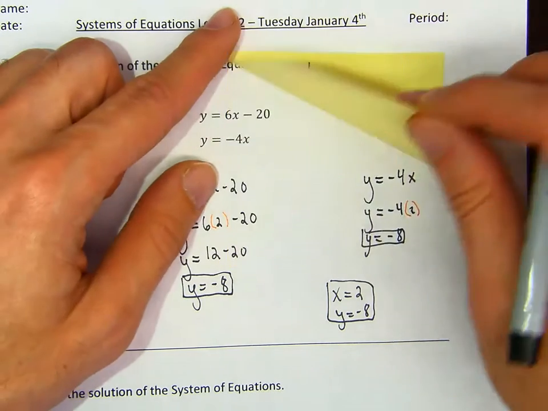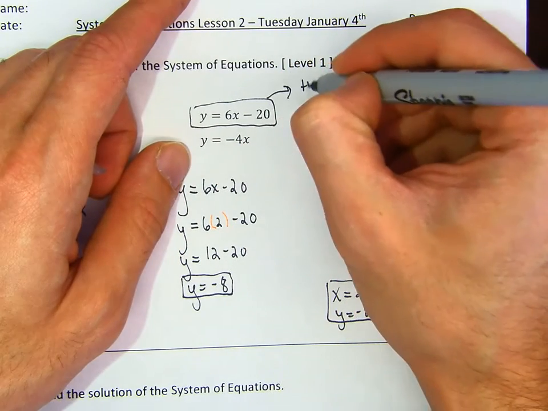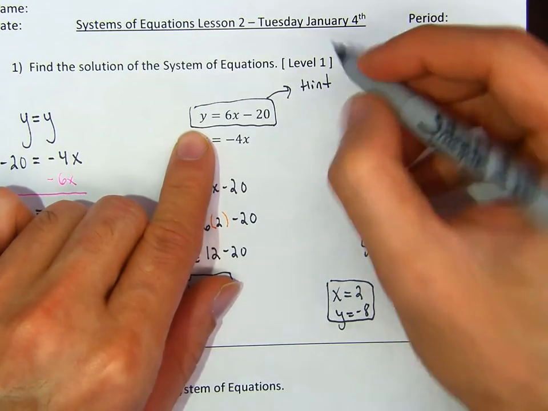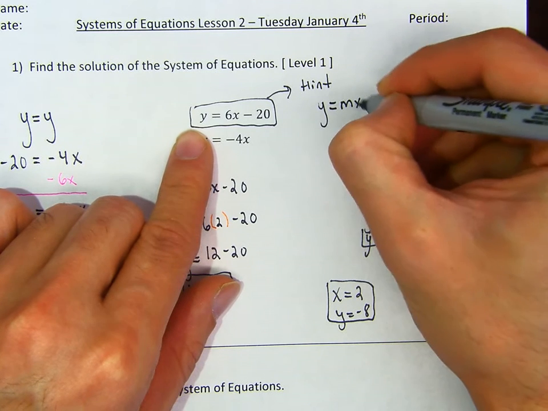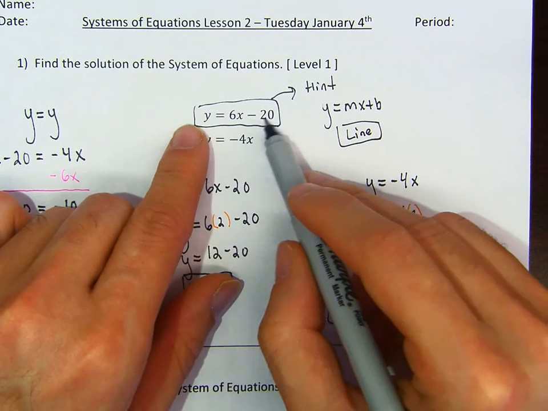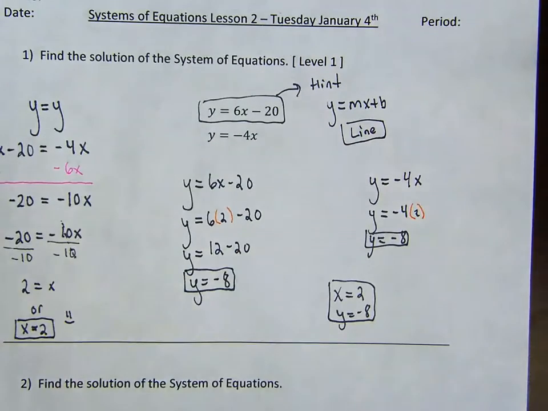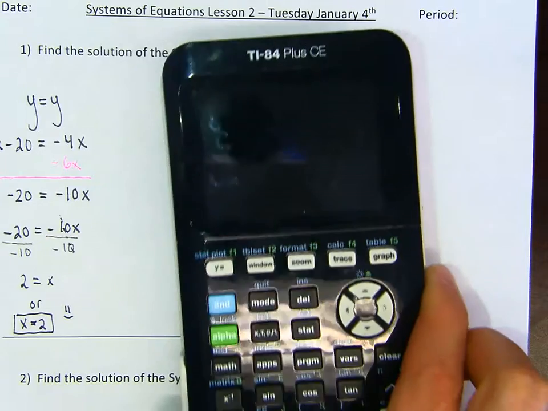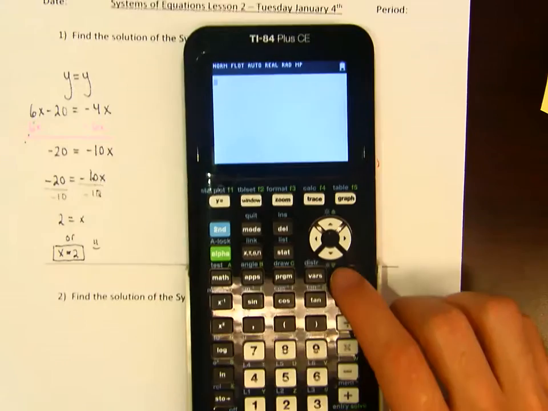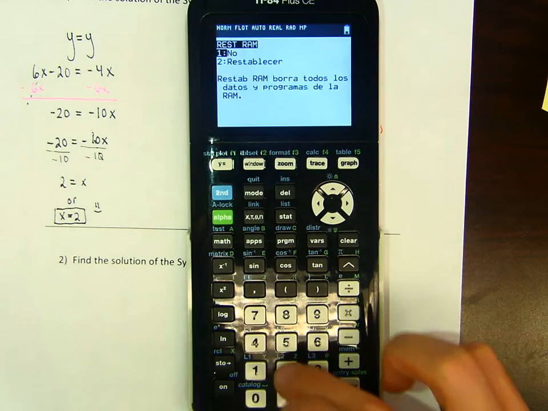And this should give you a hint: this is in the form of y equals mx plus b. This is a line. This is an equation of a line, and this also is an equation of a line. These two represent lines. So let's take a look at our calculator very quickly. Take a second, have the calculator next to you. What I want you to do is reset the calculator: second, plus, 7, 1, 2.